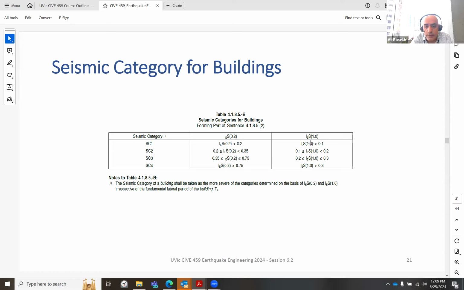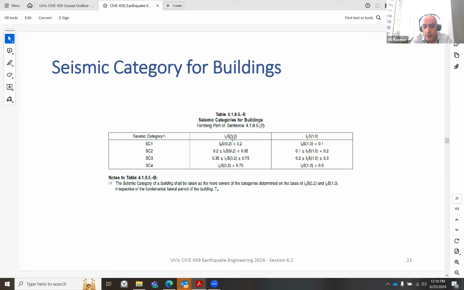So based on this value, you come up with one seismic category. Based on this value, you come up with another seismic category. And this note says the more severe of the 2 is considered the seismic category of the building. So you basically look at 2 criteria and decide about the seismic category, and the larger seismic category, which means more severe, is the seismic category of your building.